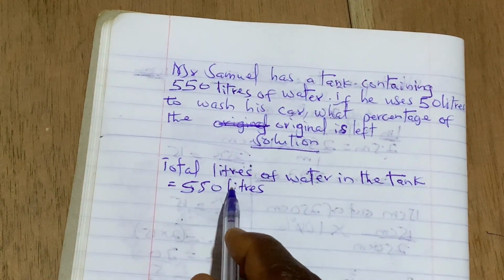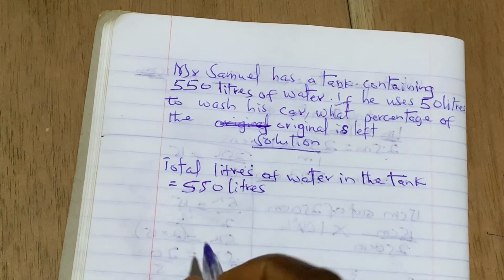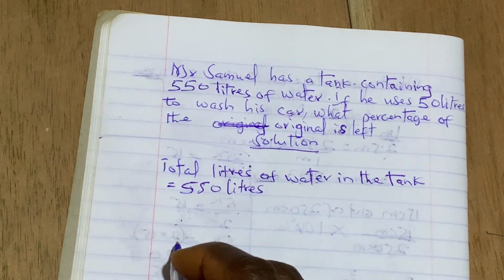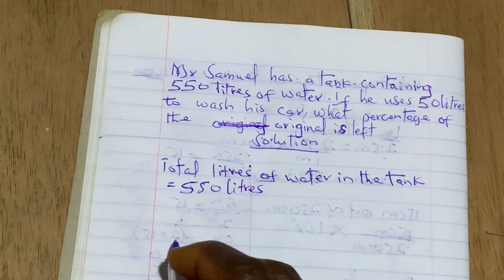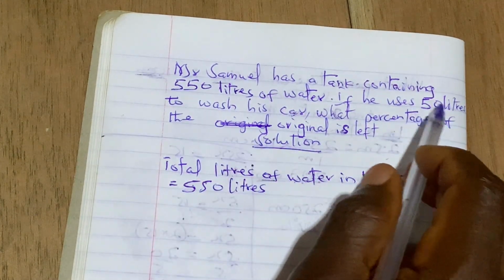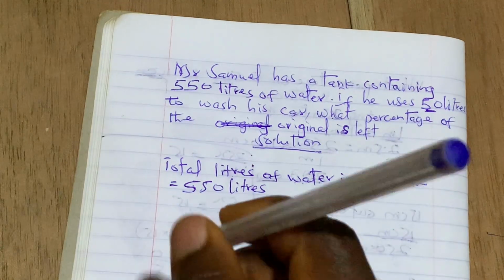It's 550 liters. Now, liters of water used to wash the car. Liters of water used to wash the car is what? 50 liters.